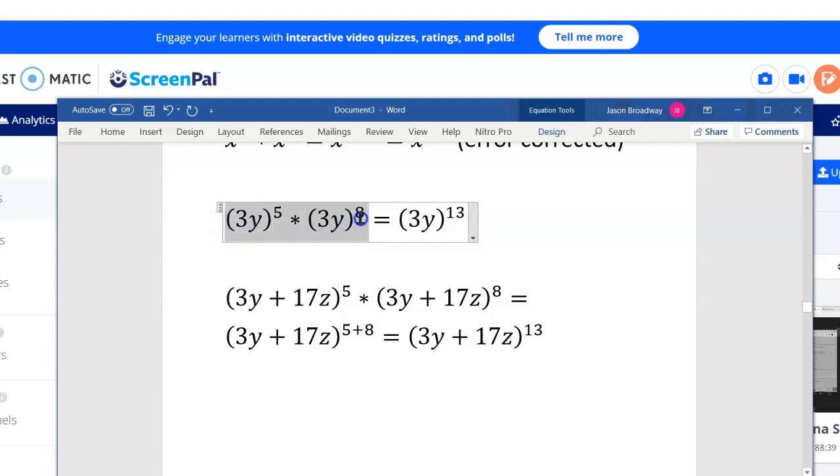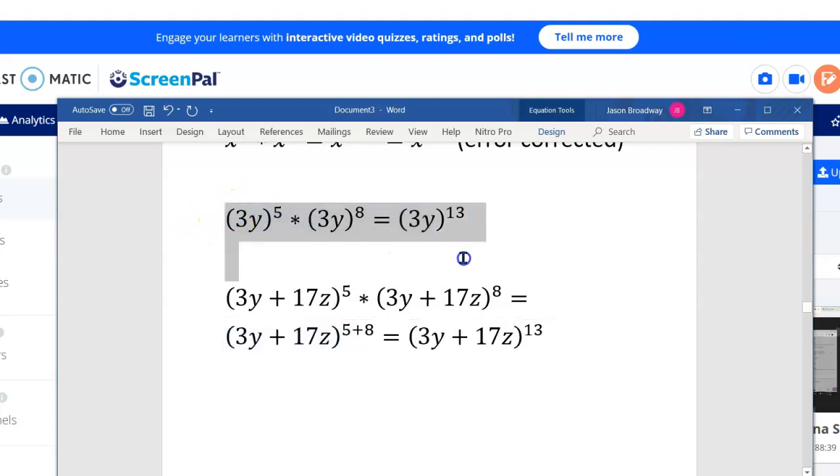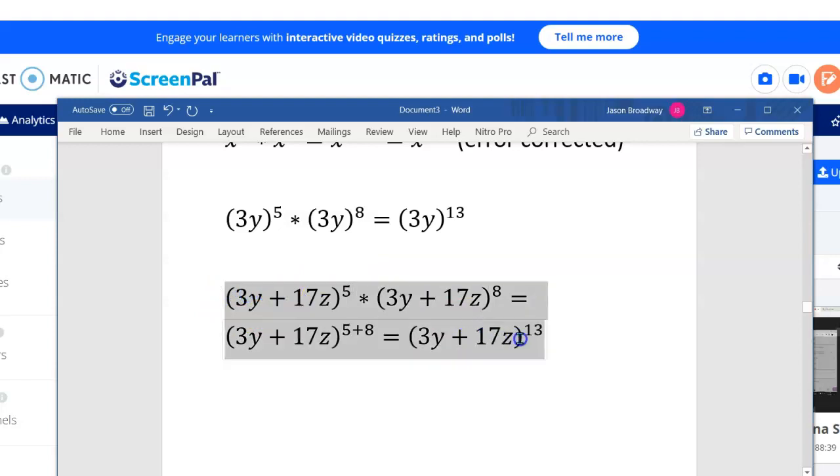Y could be a negative number here because these are integer powers. Actually, y and z could be negative for all I care here. And likewise here, one or both of them could be negative if we wanted them to be. They don't have to be.